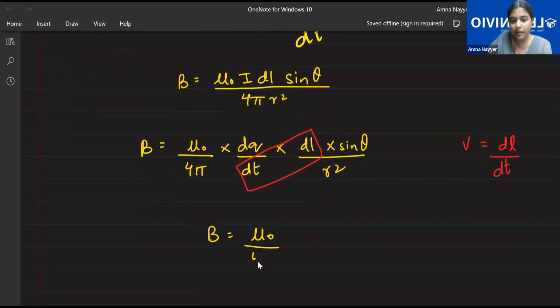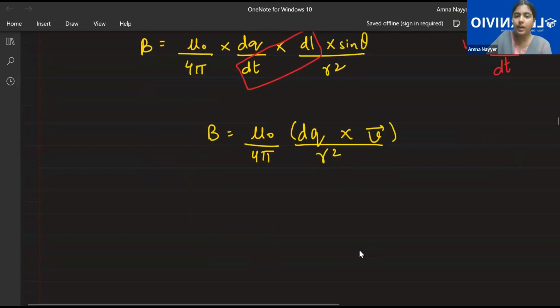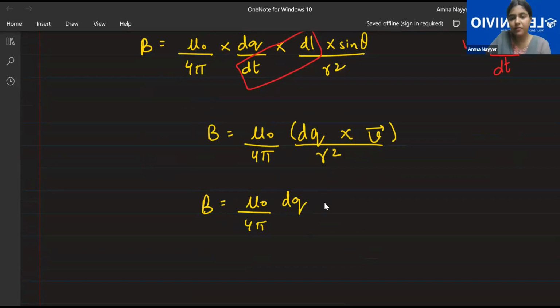Mu naught by 4 pi dq cross this velocity v divided by r square, which you can write as B is equal to mu naught by 4 pi dq v sine theta divided by r square.